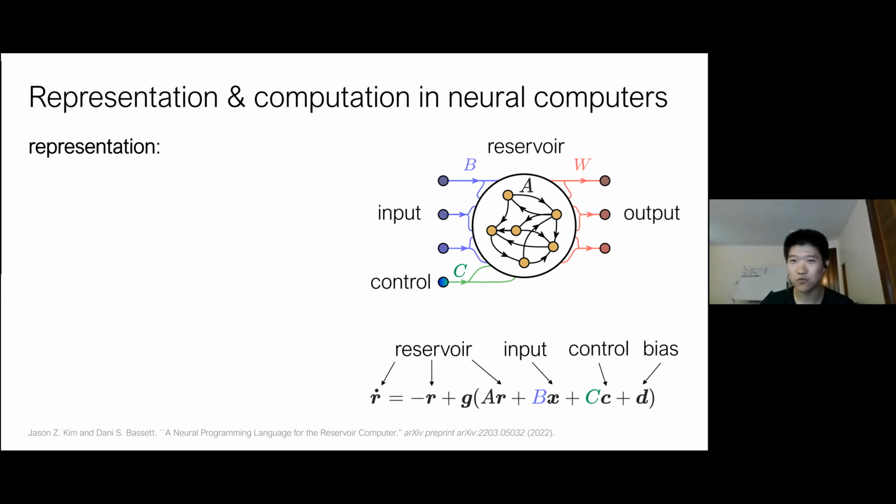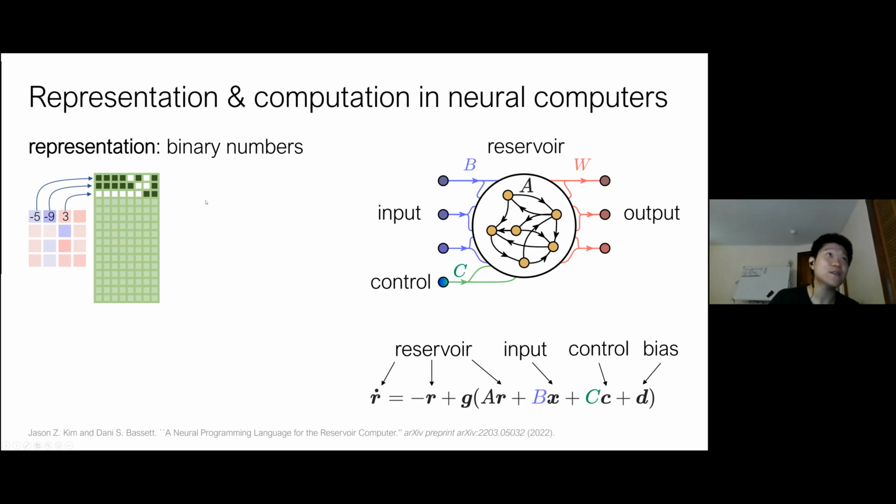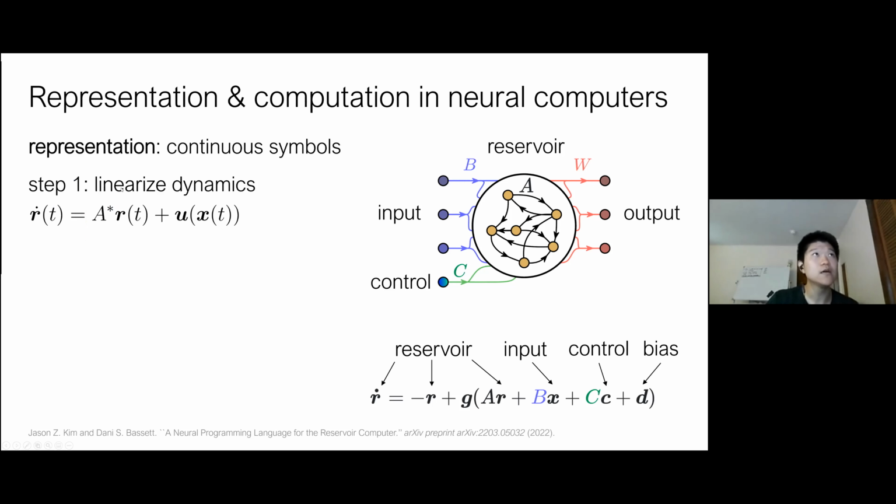Given some sequence of information, I would like to know what the neural states are going to be, just in continuous time.